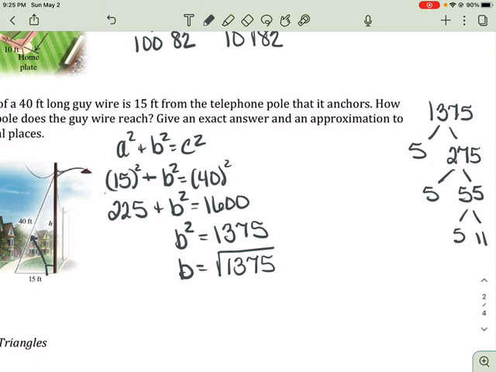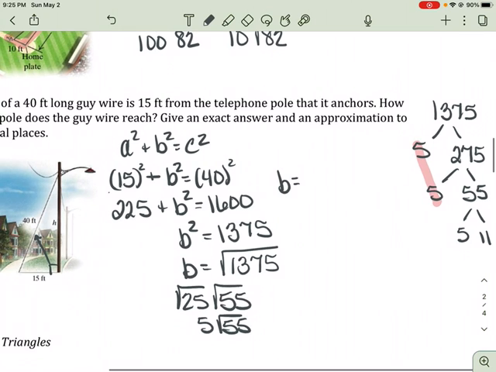And this is 5 and 11. All right, so we need a pair because we're going with squares. So that's it. Square root of 25, square root of 55, or 5 square roots of 55. So our exact answer is 5 square roots of 55 feet.